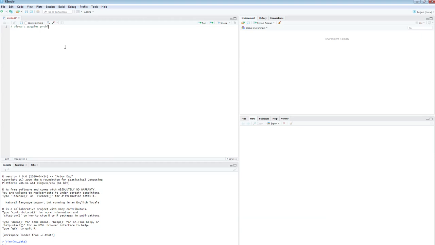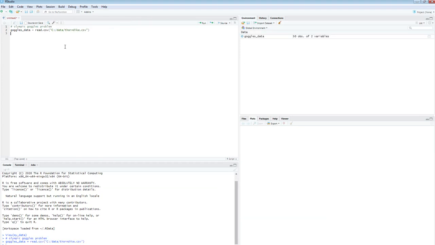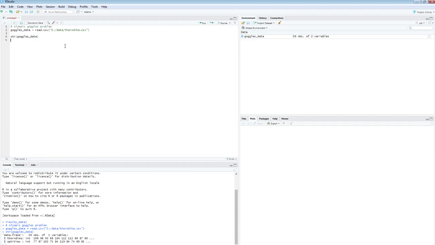First things first, the goggles data would be read from the CSV file, which I already downloaded, in the C drive, data folder, Thorndike.csv. Okay, so there it is. Let's take a look at the structure. Not required, but a good idea.